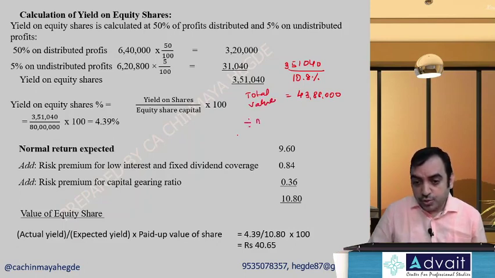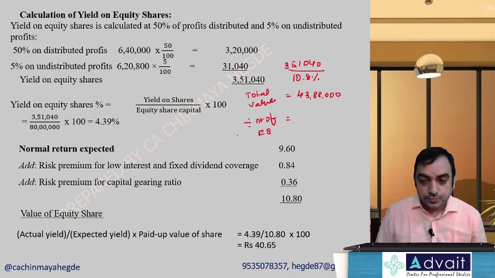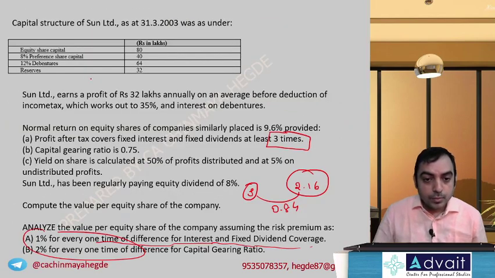Then divide by the number of equity shares. How much is the number of equity shares? Number of equity shares 80 lakh, face value is 100.